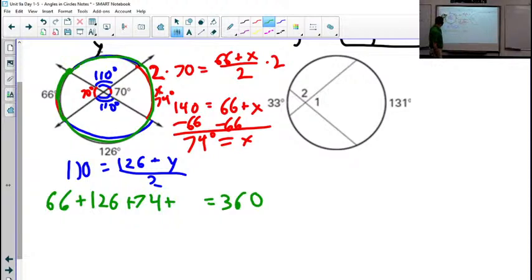I have y here. Ding! We went all the way around the circle. So there's my equation. I had 4 different arcs, and when I put all those pieces together, I would get 360 degrees. So either of these equations works.